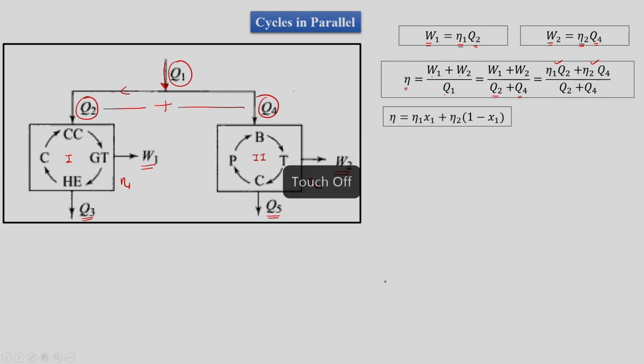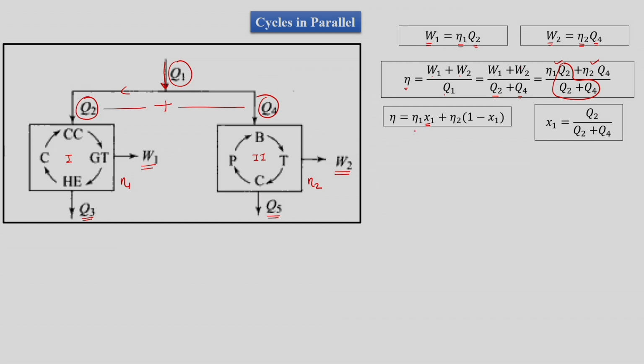Having known this, we can write down this expression using a constant, where we say x1 is equal to Q2 upon Q2 plus Q4. So, x1 is the fraction of the total heat which is received by cycle 1.